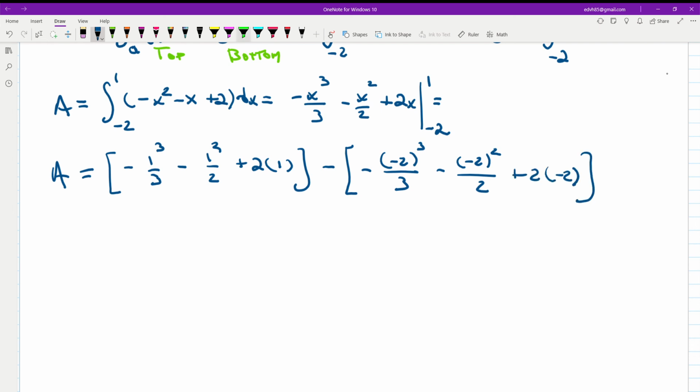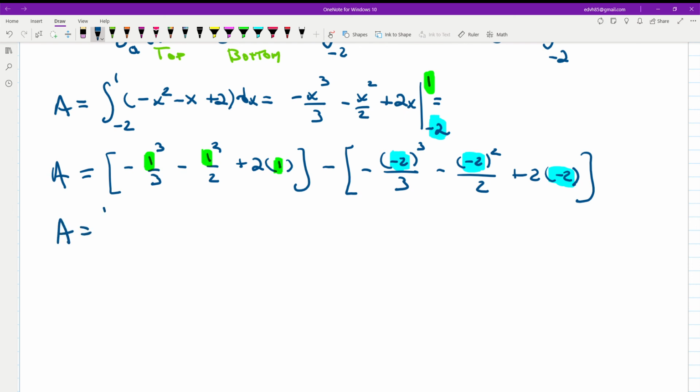All right, again, let me highlight with different colors so you can see what I am substituting and where. Upper limit minus lower limit. And so let's clean up parentheses and powers.